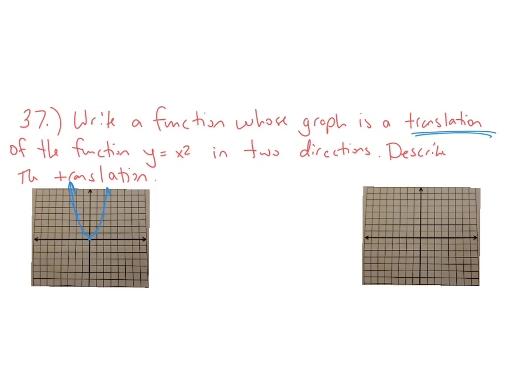All right, they want to know a translation. Well, remember, the h moves it left and right, and k moves it up and down. So I'm going to be using vertex form.